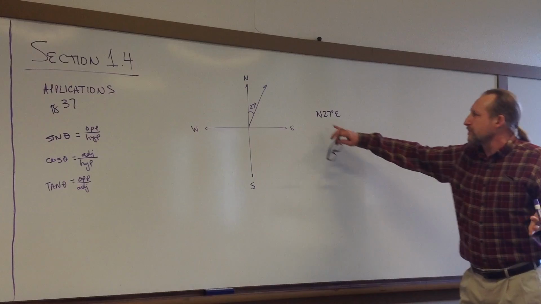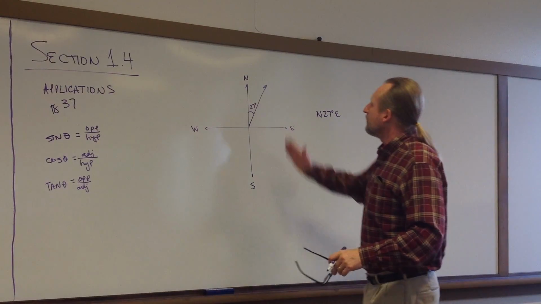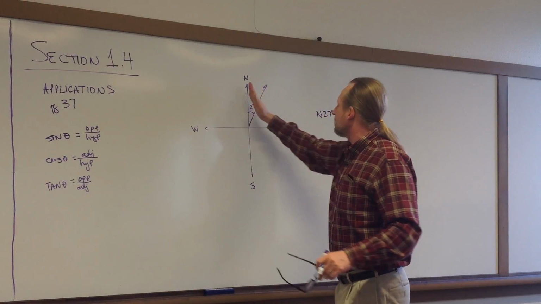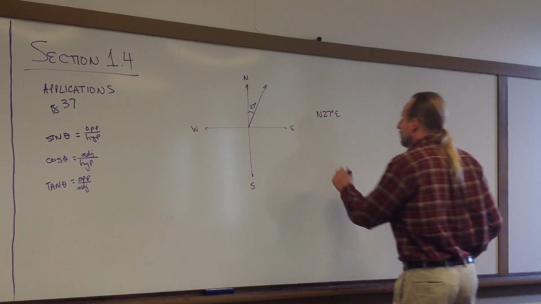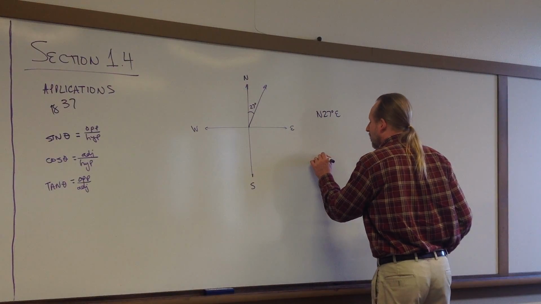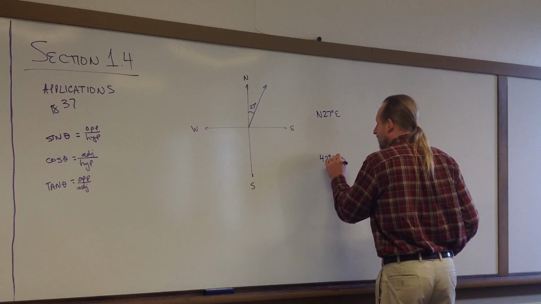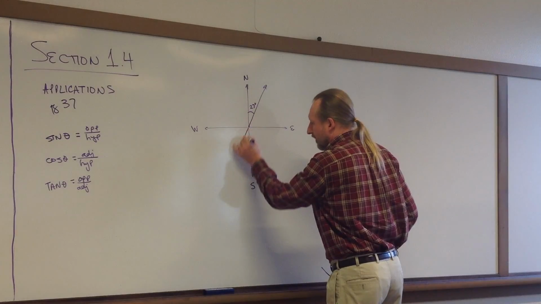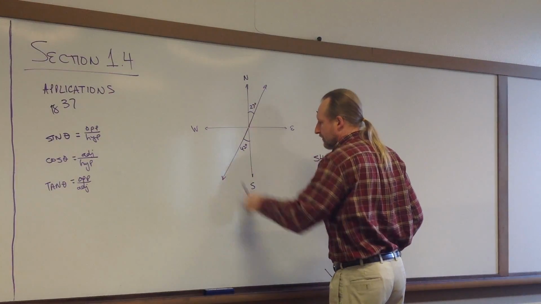And it's kind of confusing because they put the n first, but in any event, that's saying you start at the north direction and you rotate 27 degrees to the east of it. Okay? If you had something like, let's say, 42 degrees west of south, then that would be over here. 42 degrees west of south.